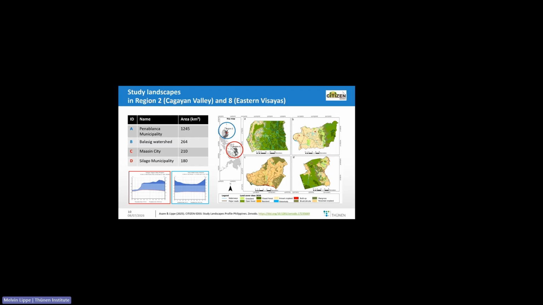Furthermore, the regions are also divided by climatic patterns. While the northern part of the Philippines has a kind of seasonal climate regime, the Visayas region is purely tropical, so ongoing continuous rainfall patterns throughout the year with high incidences of typhoons.